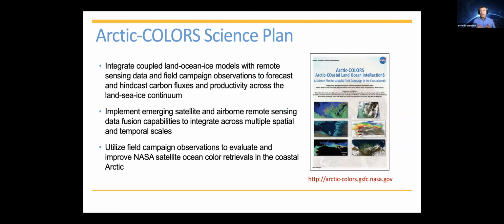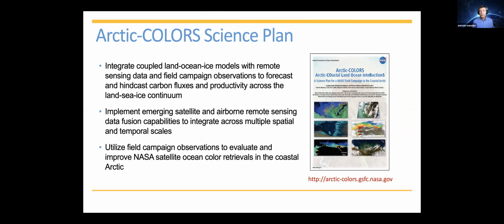Just to point out that the science plan is available online. It was completed in 2018. It details the science questions and the knowledge gaps that were known at the time it was completed. It describes how we could address the science questions that were posed, involving field observations, integrating those with models, bringing in remote sensing as well for the spatial and temporal context that's not possible with field observations.